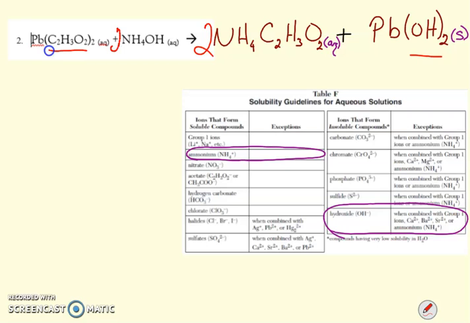So putting a coefficient right there of 2 balances my equation. Again, going back and balancing the equations is an extra step. I think it's a valuable step, but it's an extra step for those of you that want to challenge yourself a little bit beyond just determining whether or not there will be an insoluble product created.